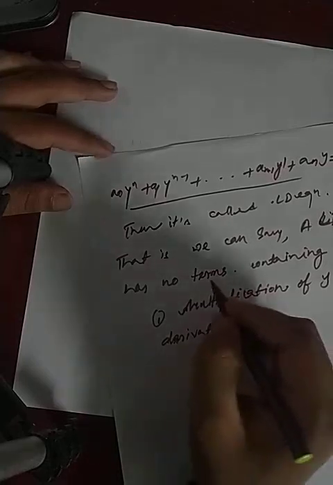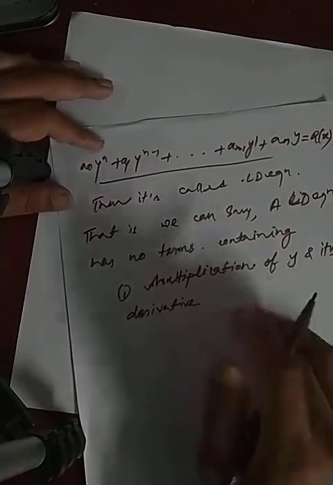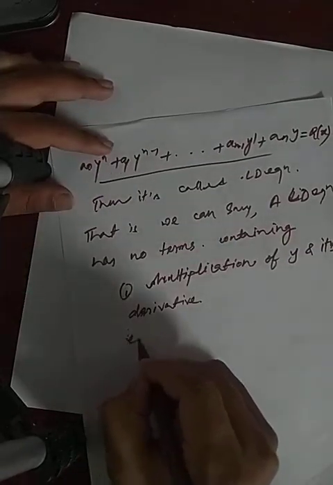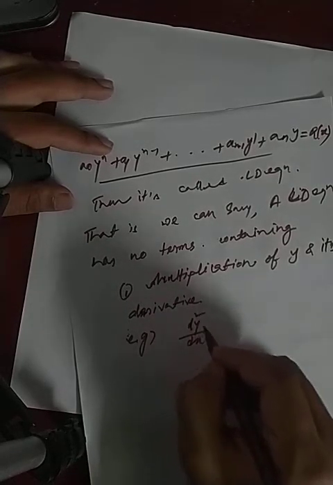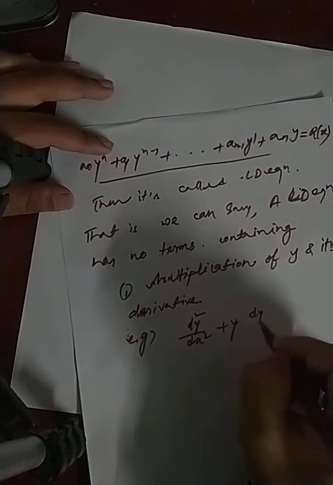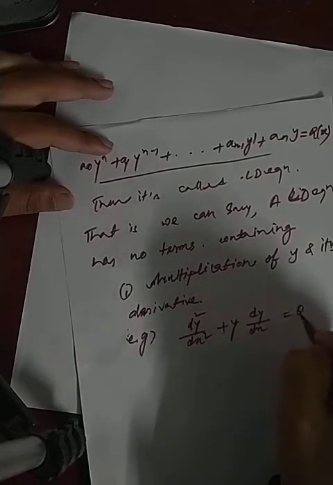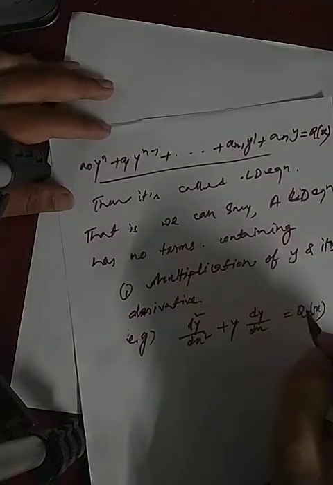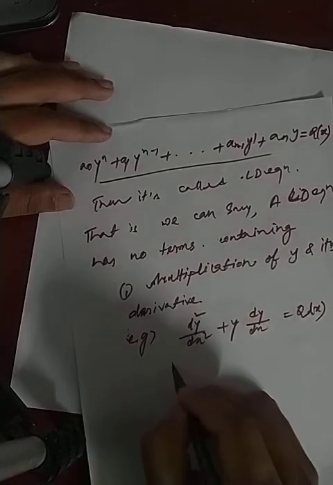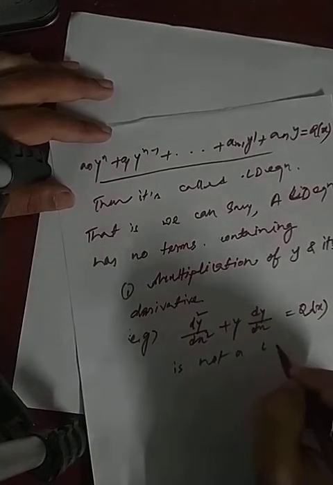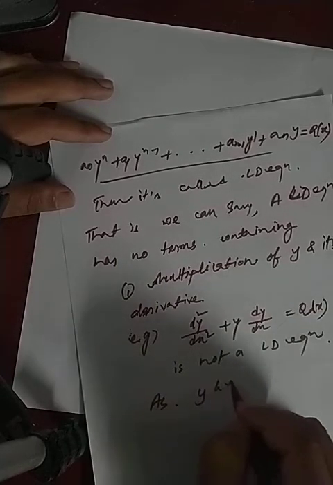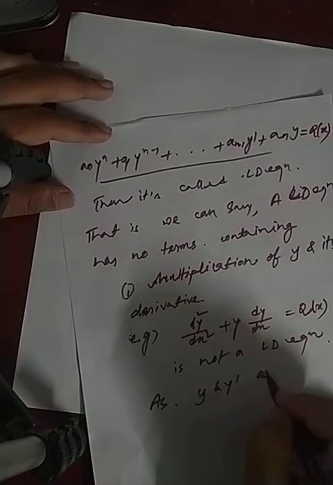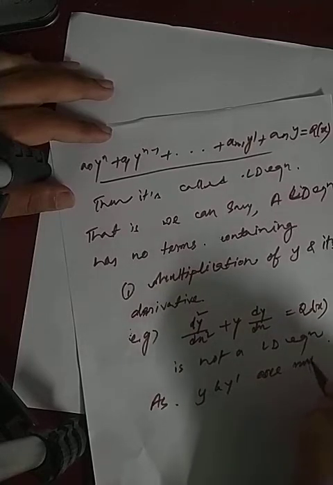That is, the dependent variable and its derivative do not occur together. For example, d2y/dx2 plus y times dy/dx is equal to q of x is not a linear differential equation, as y and y dash are multiplied together.